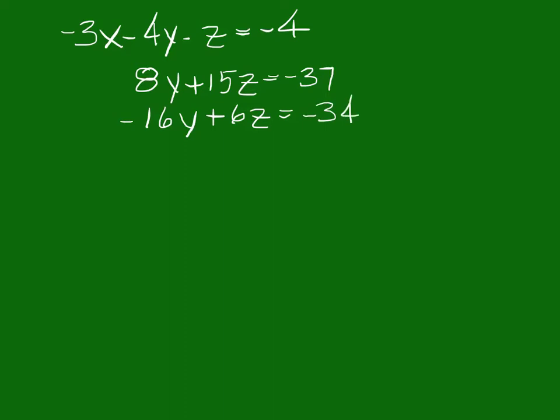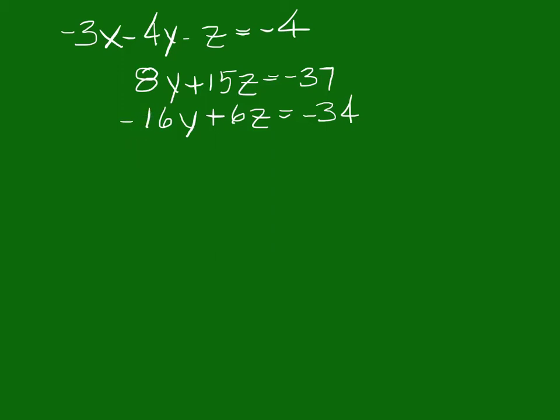Of these three equations, what two equations do we have to work with now? The bottom two. And on the bottom two, we have an 8 and then a negative 16 out here on the left. How can I make those match up?